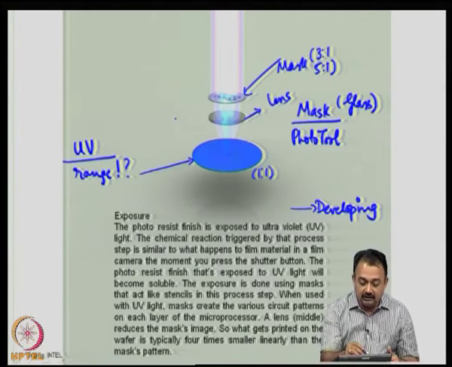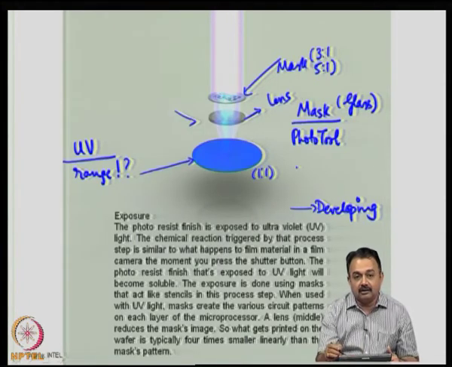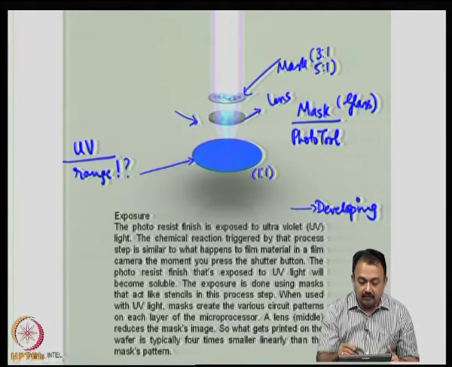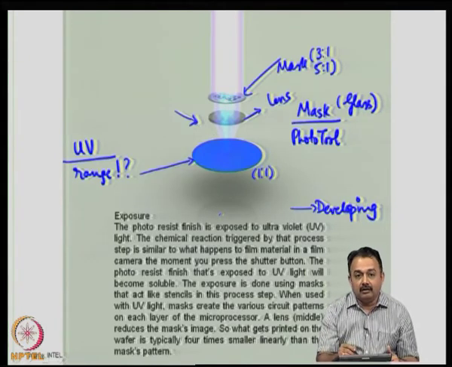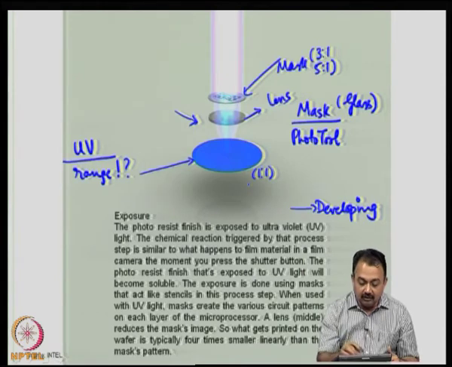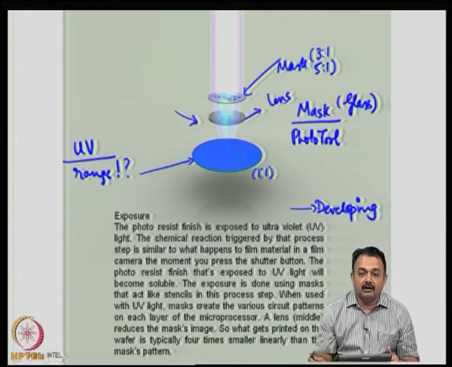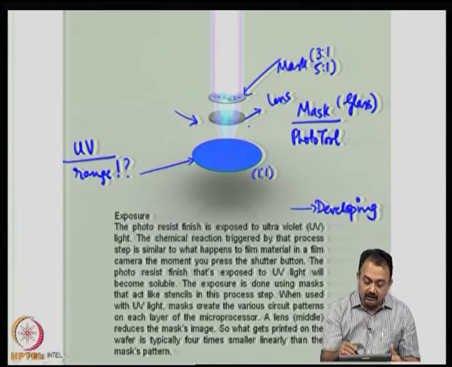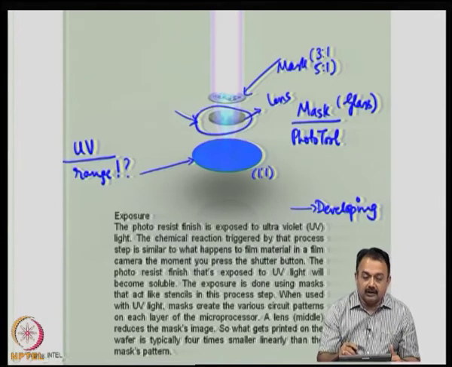Therefore, the lens will project the image, okay, will downsize your image onto the wafer to get the required 1:1 ratio translated image.